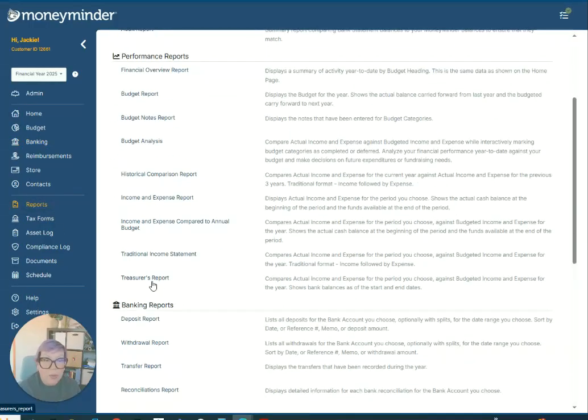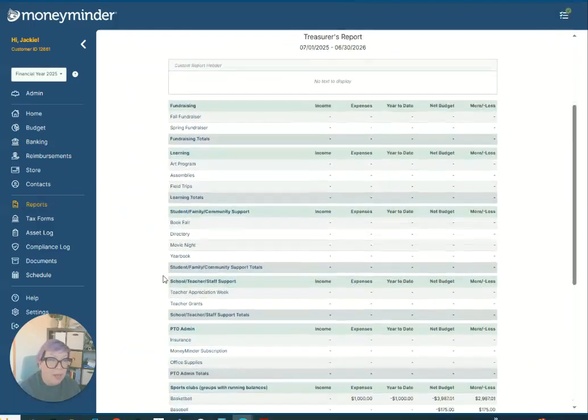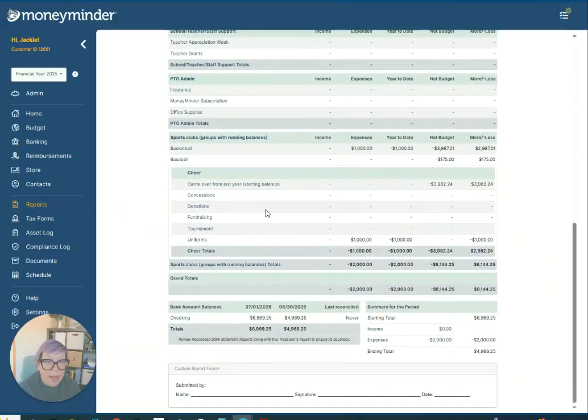Now I can generate that treasurer's report again, and I can show them how that running balance has changed. So I can see I started out here with basketball. Since I only use one line for basketball, it's pretty simple. I'm not breaking it down like I did for cheer. They started out with $3,987. They spent $1,000. So that means their running total is now $2,987.